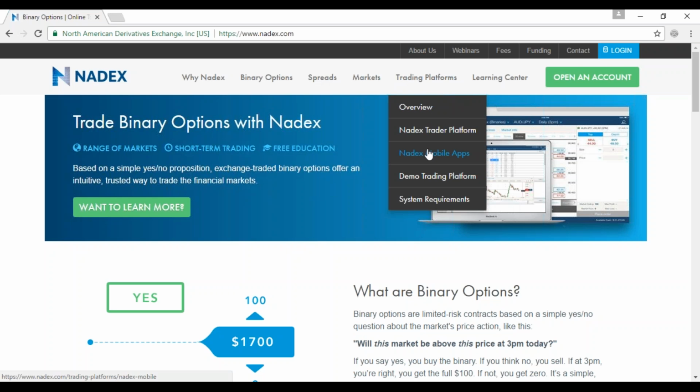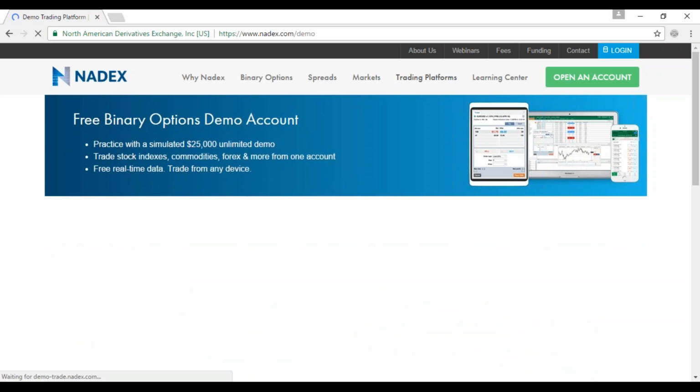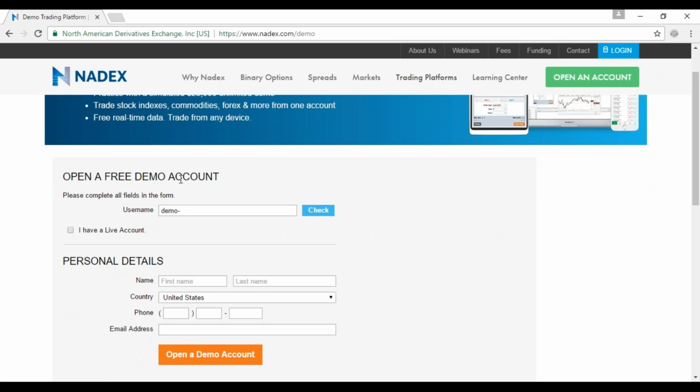They have a great mobile app, but I want to bring your attention right here to Demo Trading Platform. This is an extremely powerful tool that you need to make sure you're taking advantage of, and it's free. Nadex will give you a free $25,000 demo account, all right? And all you got to do is just select a username, put some quick information in, and hit Open Demo.